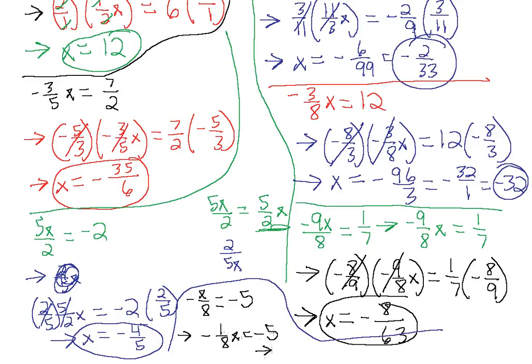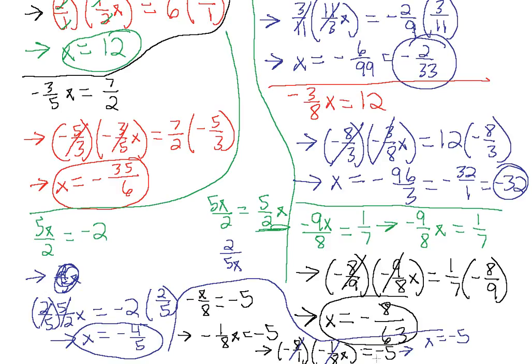So we're going to multiply by the negative reciprocal. We're going to multiply by minus 8 over 1 times minus 1 over 8x. We have a minus 5 over here. This cancels with this. We're going to be left with a positive x on the left side and a minus 5.